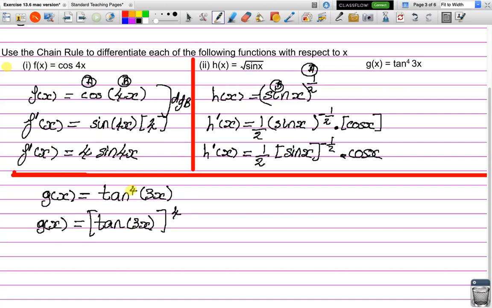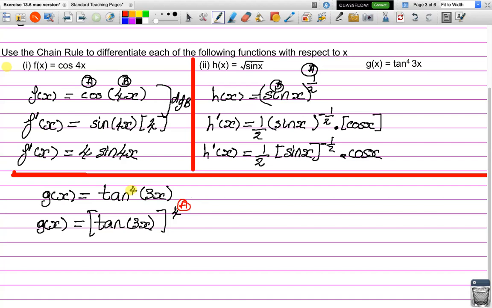Now, what does this mean? Well, it means if we're unwrapping this function, the first thing we want to unwrap is going to be the letter A, the power of 4, which means we're going to call that our priority a function. That's the first one we are unwrapping.